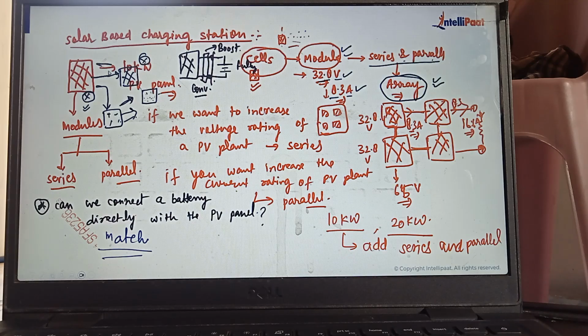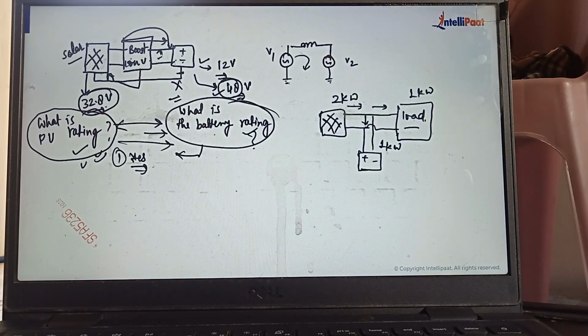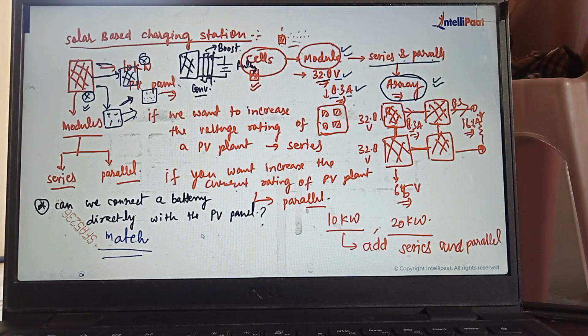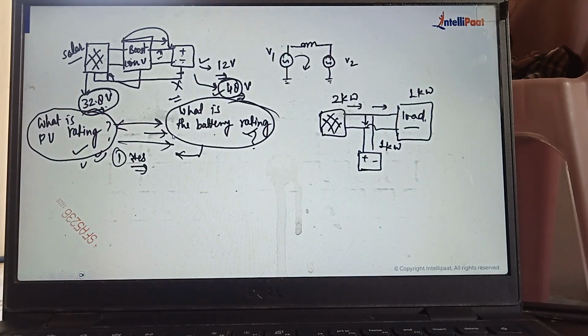Otherwise we have to connect some interfacing device between panel and battery, not exactly an inverter here but a DC-DC converter. That's why people have connected a boost converter between solar and the battery.